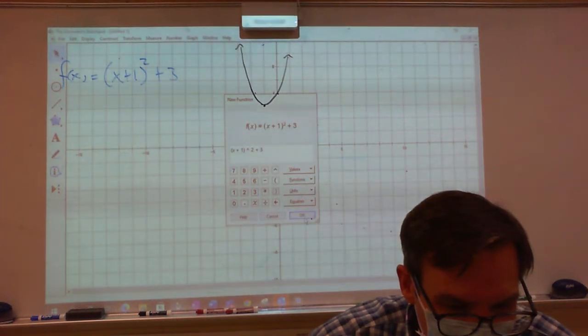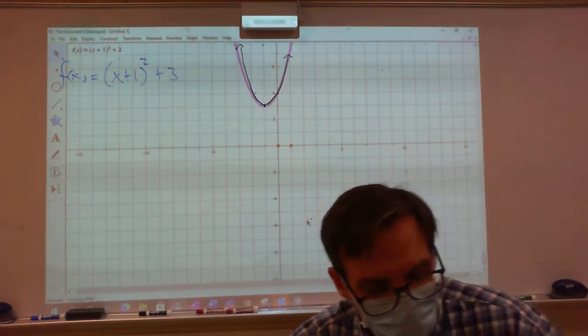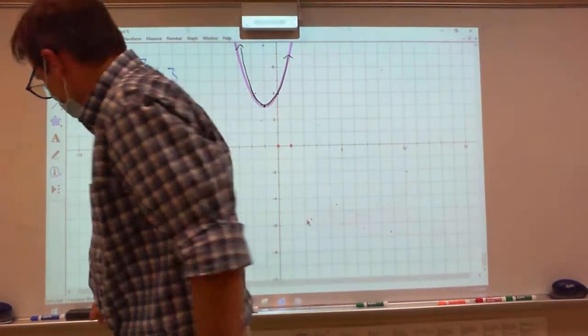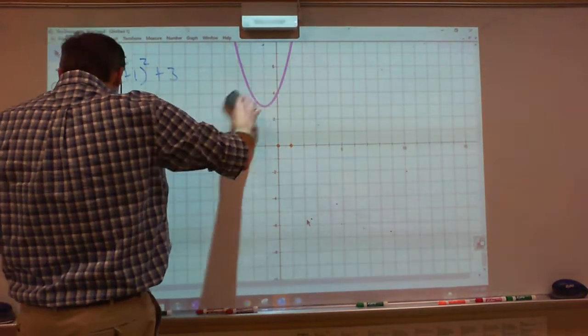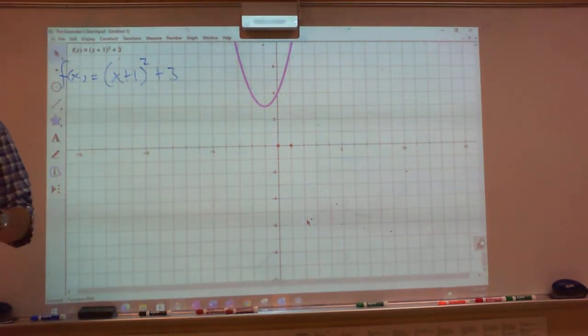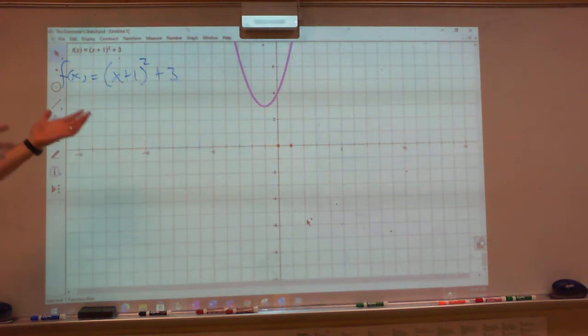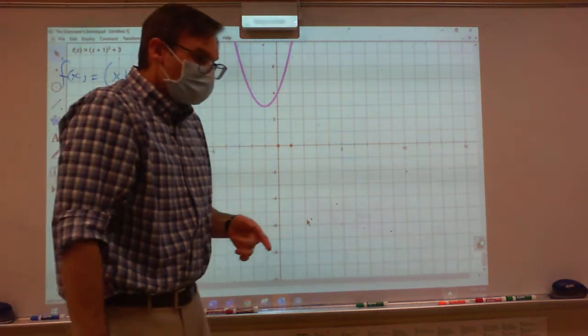Click OK. And yay, I have my little picture. All right, so graphing this wasn't that bad. Now let's try to connect this to finding inverses.